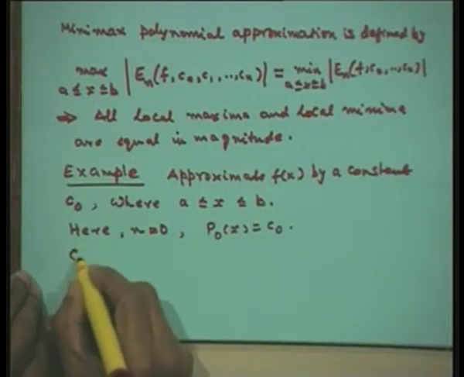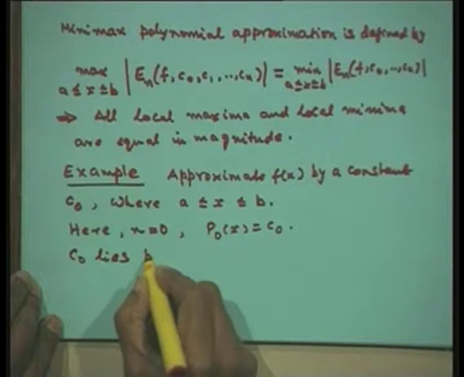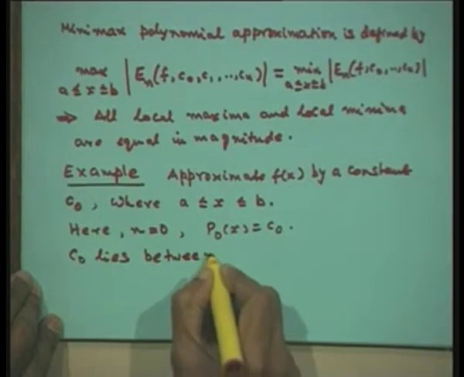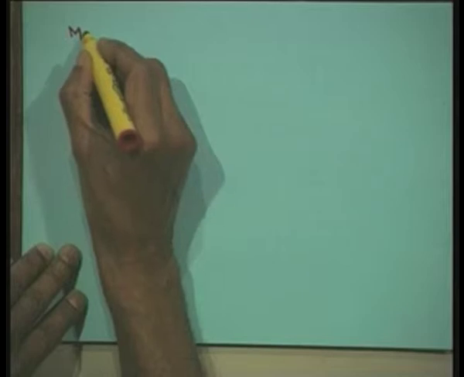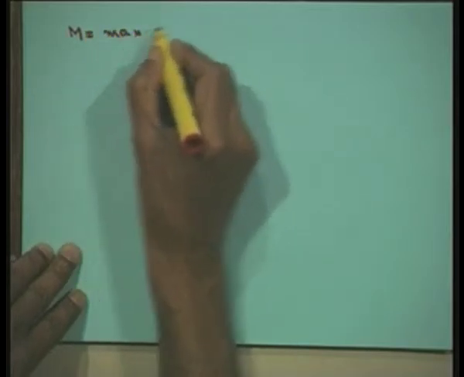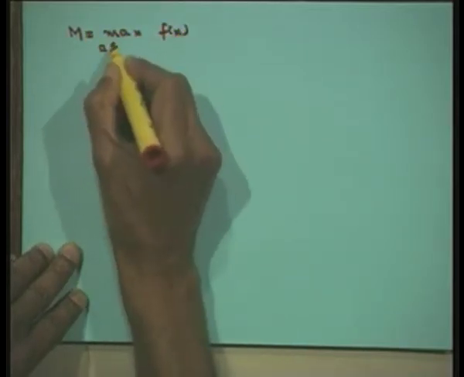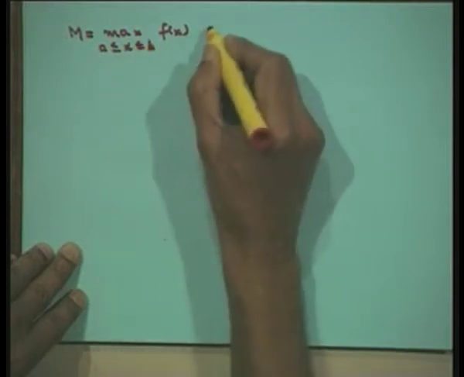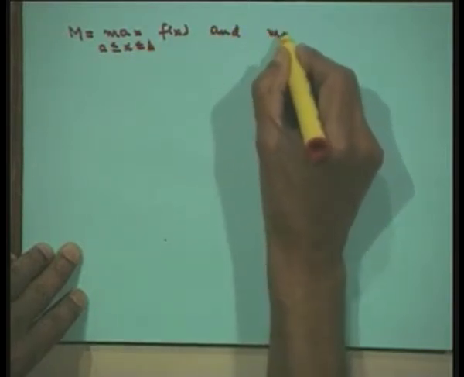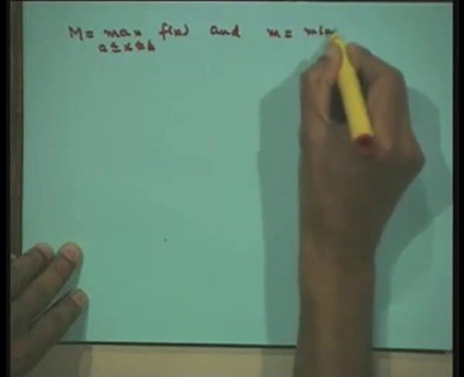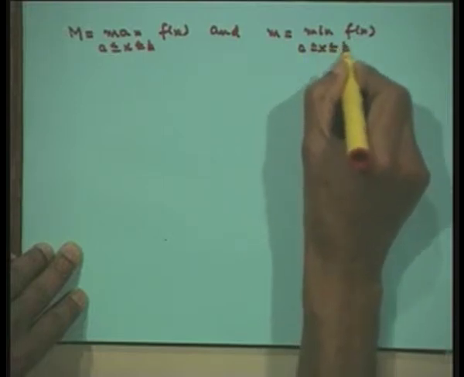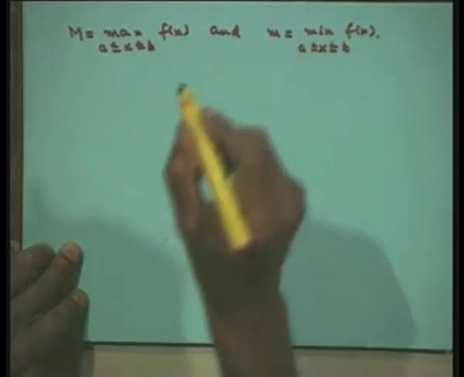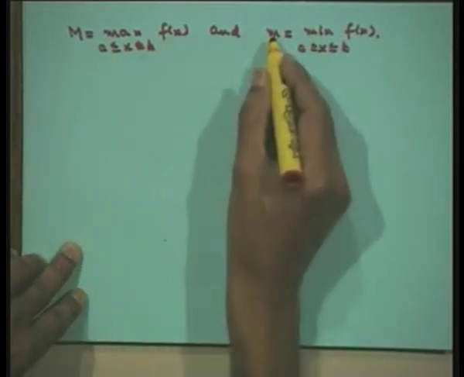Therefore, c naught lies between, let us call it capital M, the maximum value of f x in the interval a b, and the minimum value, small m, of f x. Therefore, the value of c naught should lie between these two values.